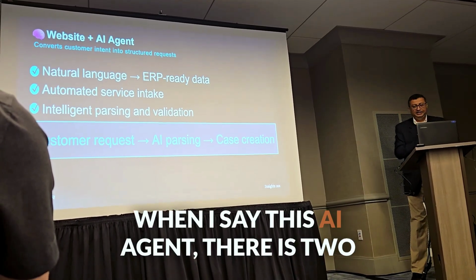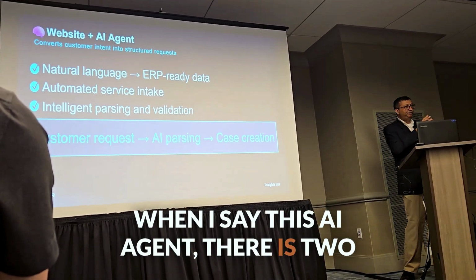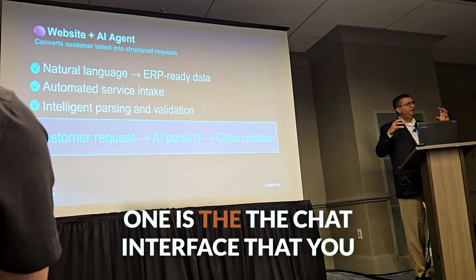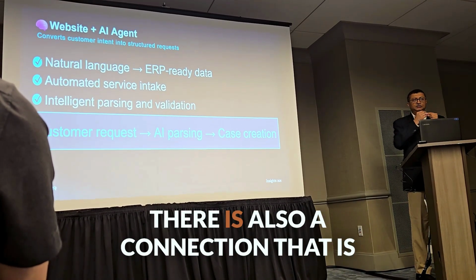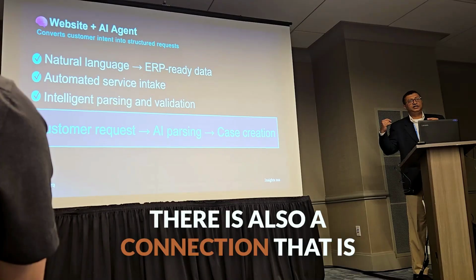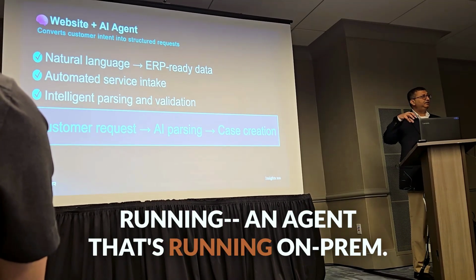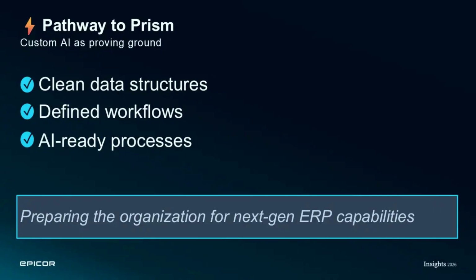When I say this AI agent, there are two parts to that, right? One is the chat interface that you see on the website. There is also a connection, an agent that's running on-prem. This on-prem agent is using SSE technology to talk to the agent, that's the case creation.